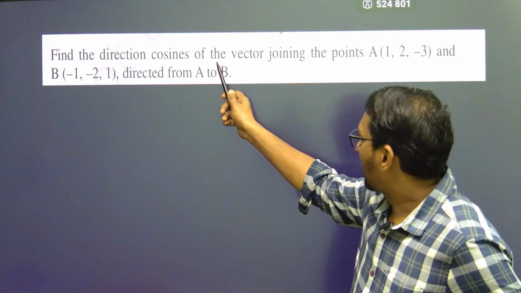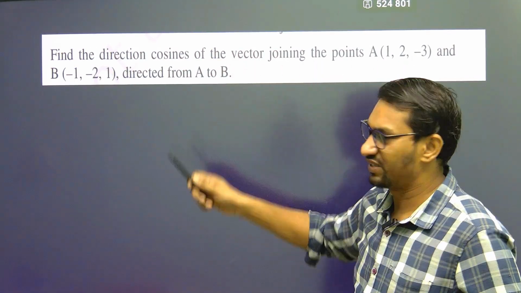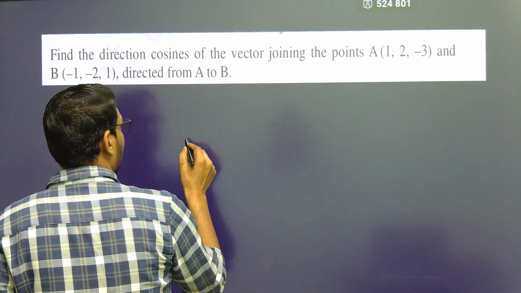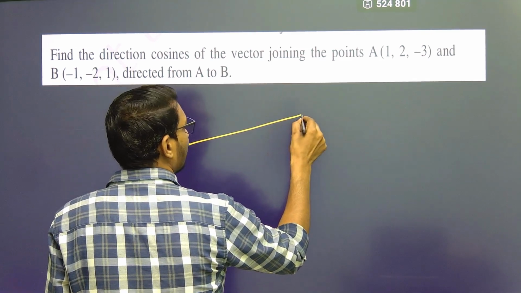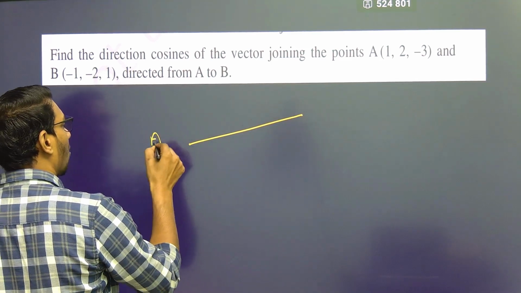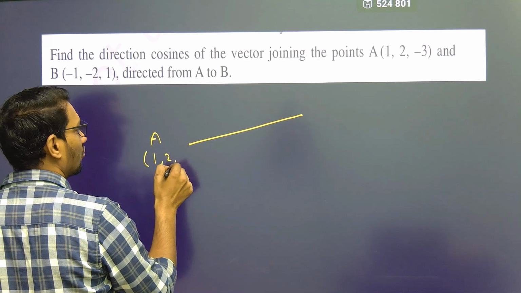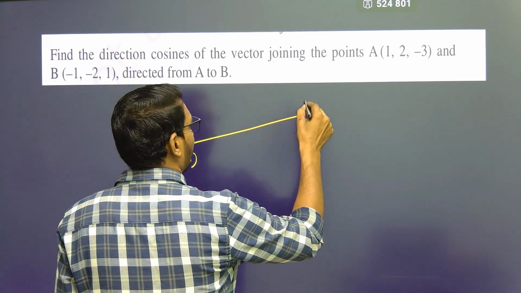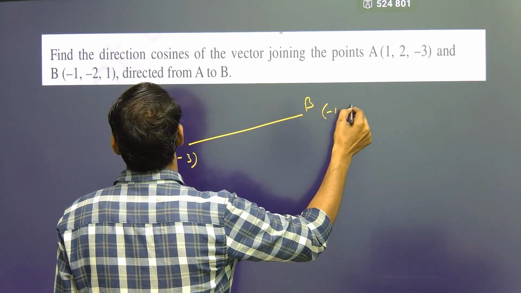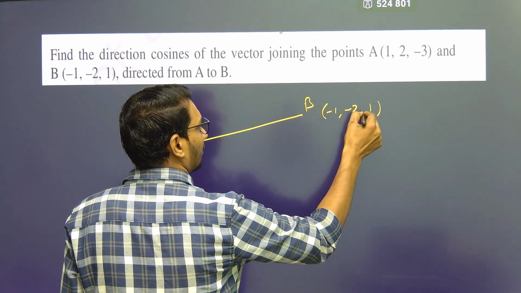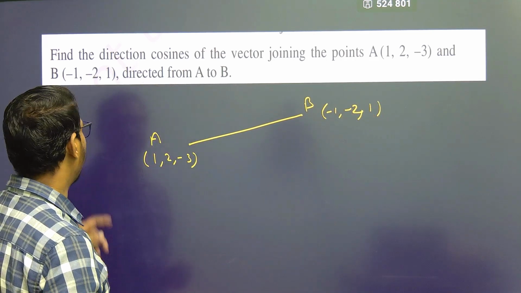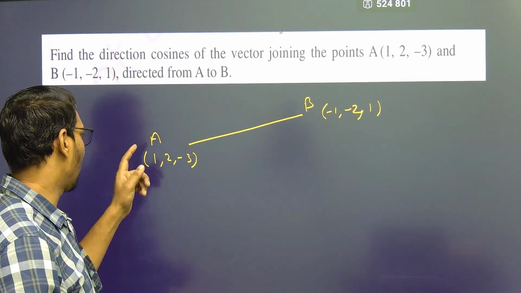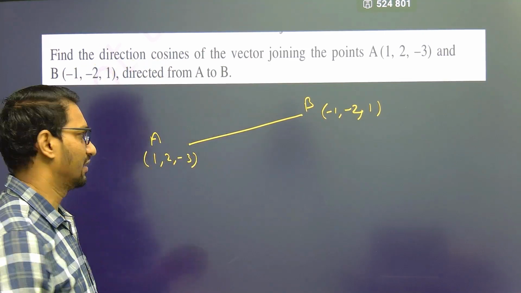Find the direction cosines of the vector joining the points given. Friends, here two points are given with coordinates 1, 2, minus 3 and minus 1, minus 2, 1. So to find out direction cosines, first of all we have to get vector AB.